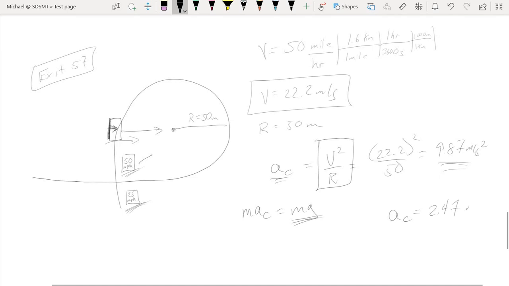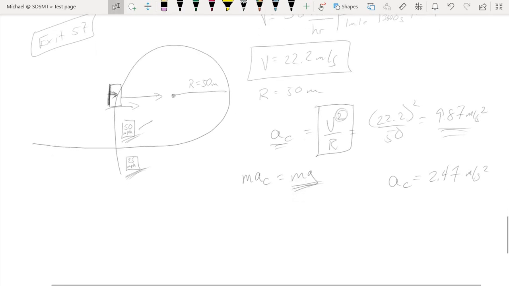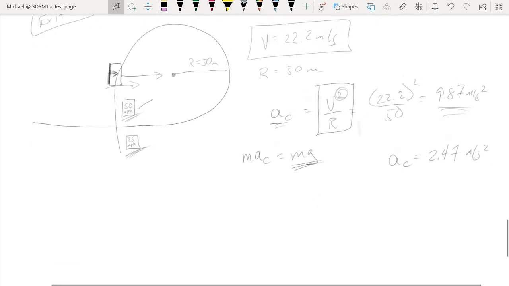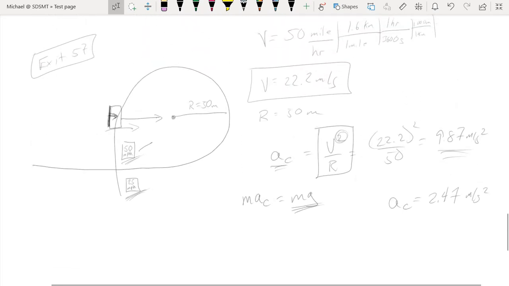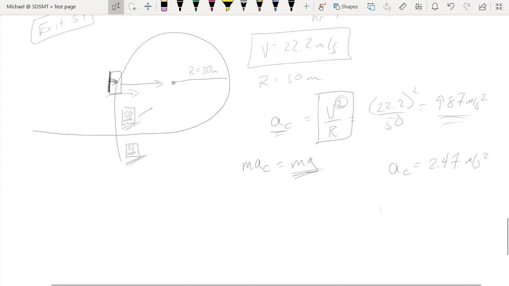Now, why is it reduced to 1/4? Because you have that squared value of the velocity. So if we cut the velocity in half, that effectively turns into a 1/4 relation.